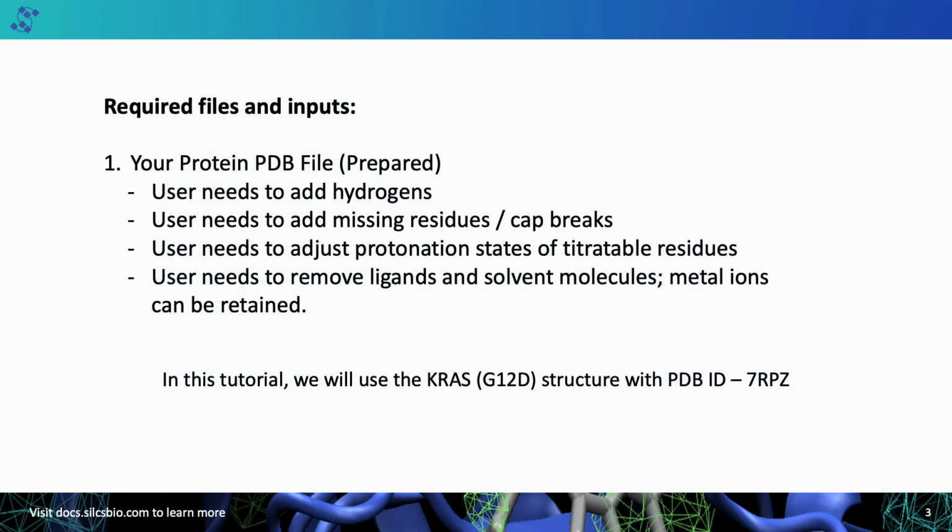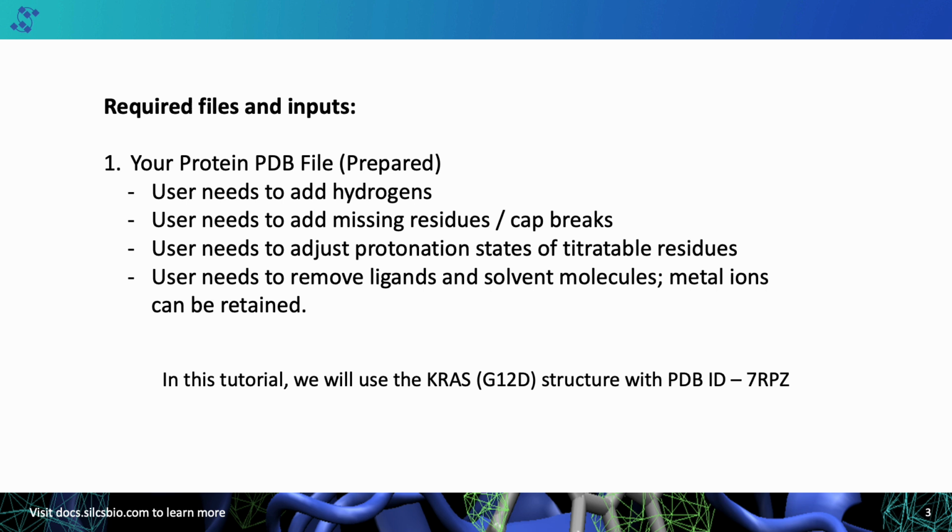For this tutorial, you will need a prepared protein structure in a PDB file format. Before proceeding, please ensure that your structure has all hydrogens added, any missing residues built or at least capped breaks, added appropriate termini, and added appropriate protonation states for the titratable residues.